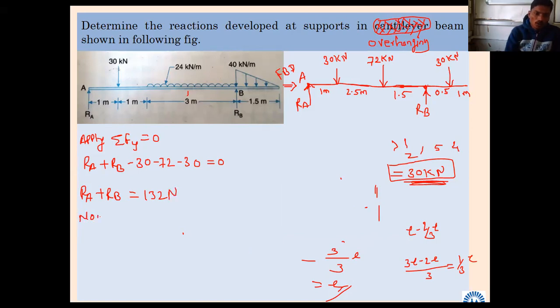Now, what do we have to do next? Summation Fy we have done. We have only 3 conditions. Next is summation of moments. Summation of moments due to all the forces will be 0. But at what point?